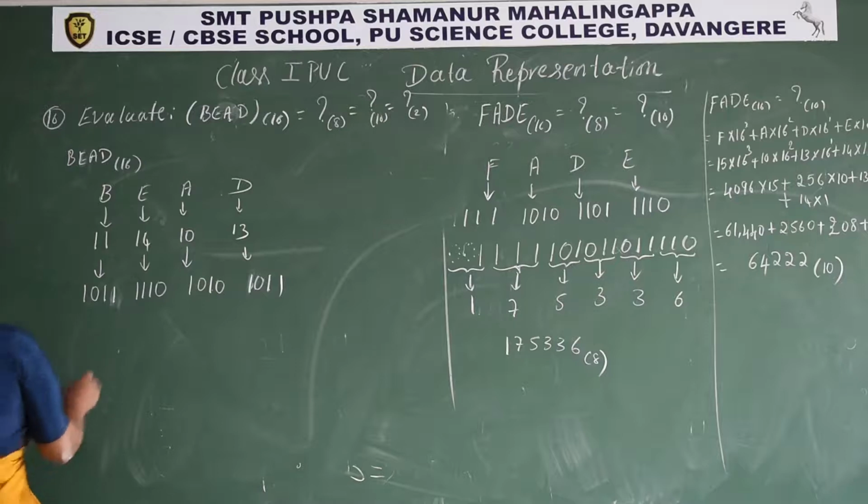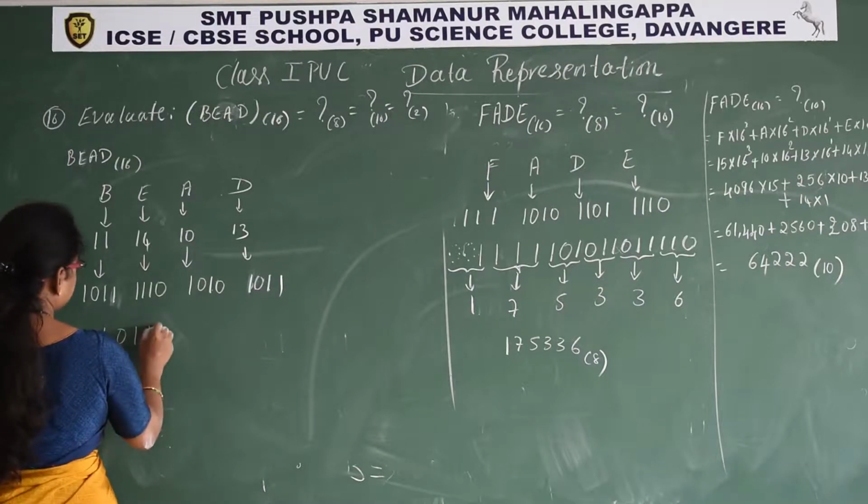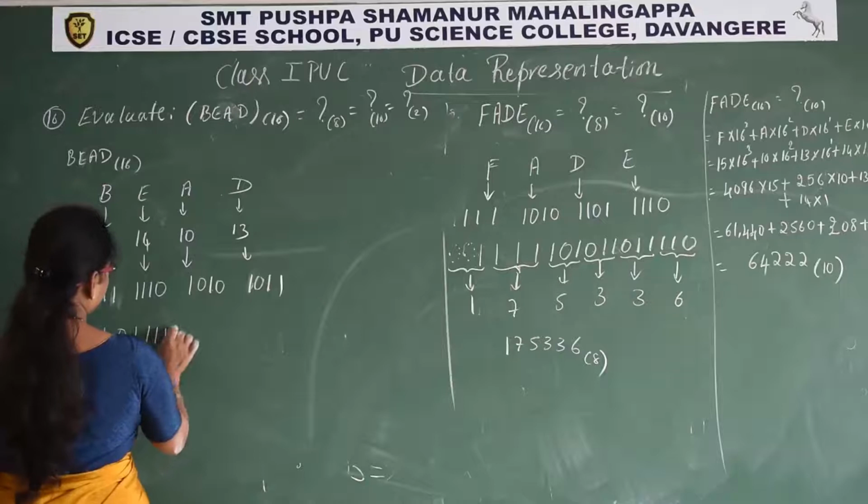Now let us write these bits together: 1 0 1 1 1 1 1 0.